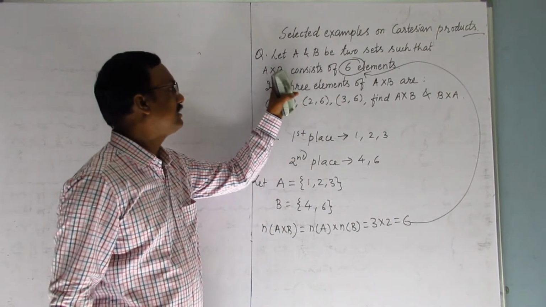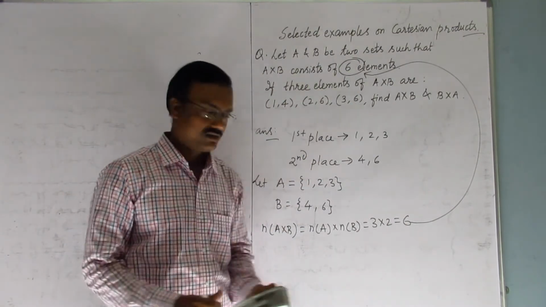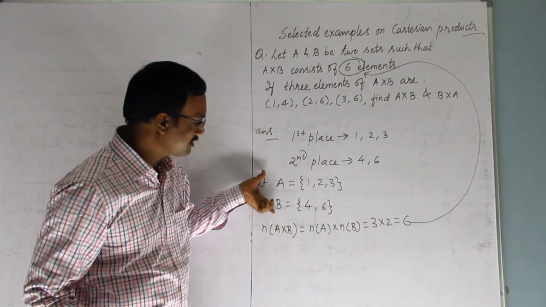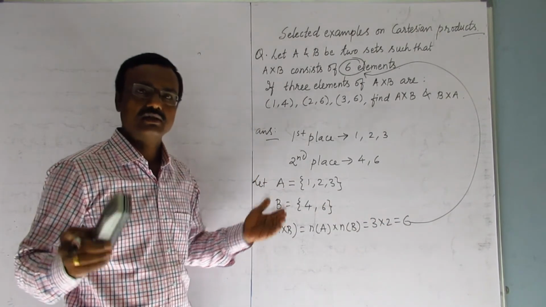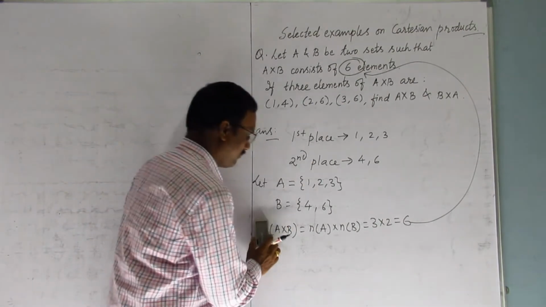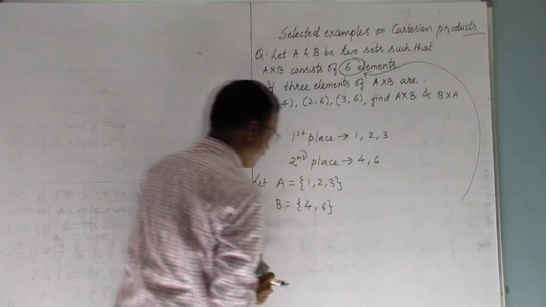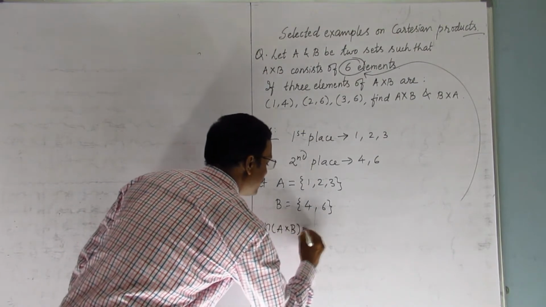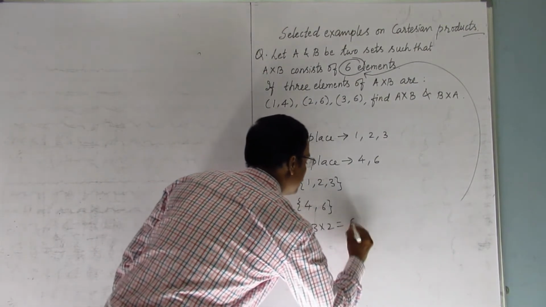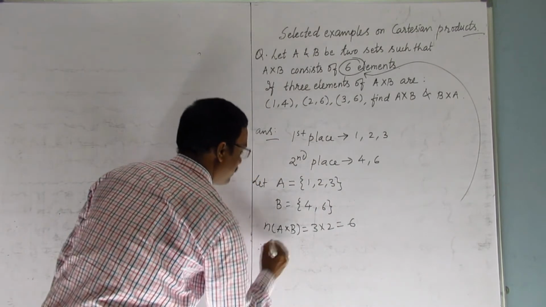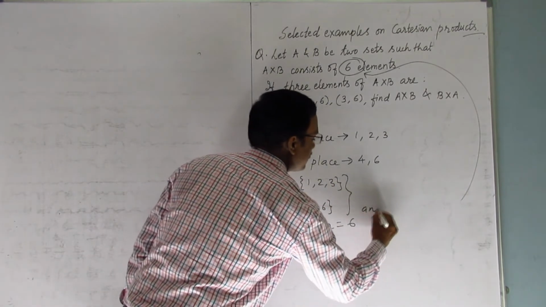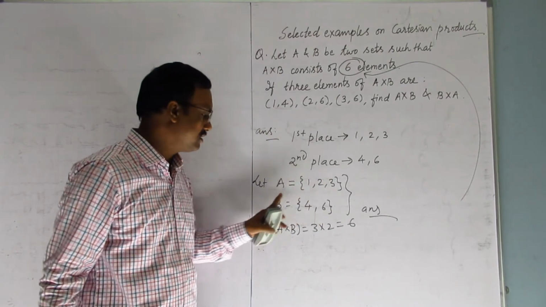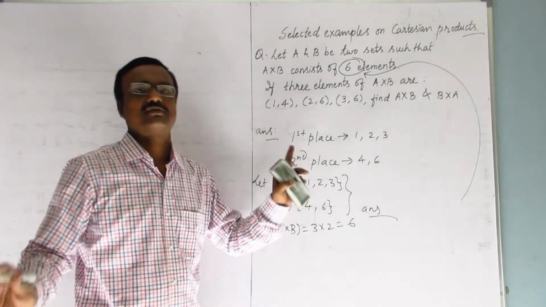So n(A × B) is 6, which means our guess is correct. So finally, the answers are: set A is {1, 2, 3} and set B is {4, 6}.